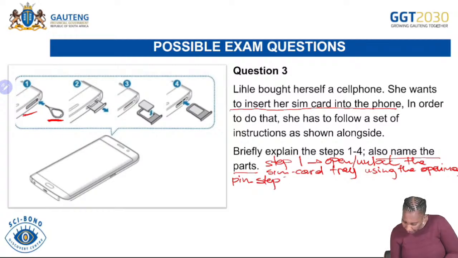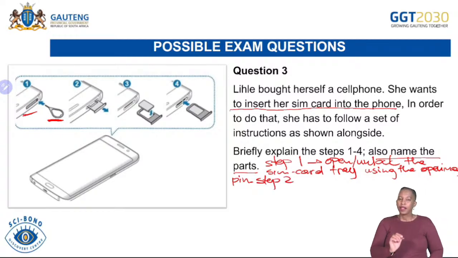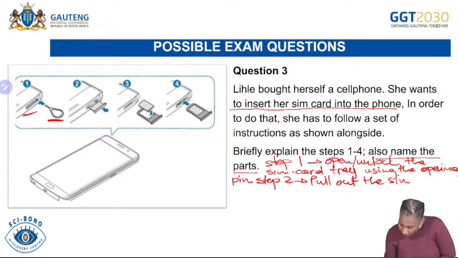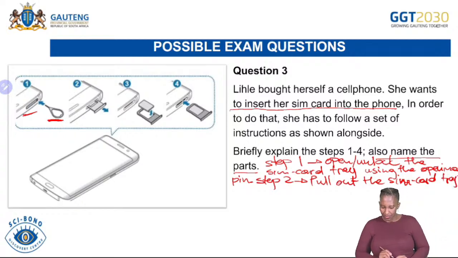I've got step number 2. Tell me now, at step number 2, what do we do? We pull out now. Remember, we have opened. Now we pull out the SIM card tray.